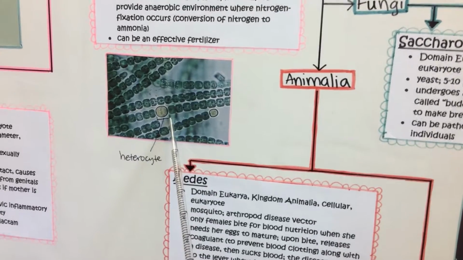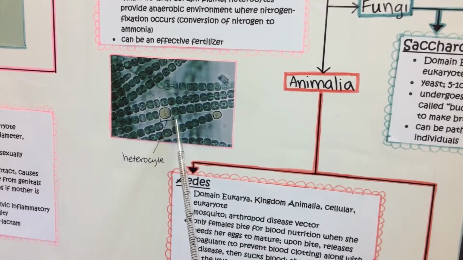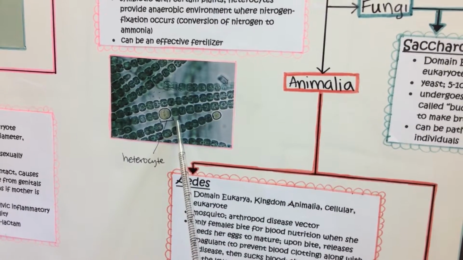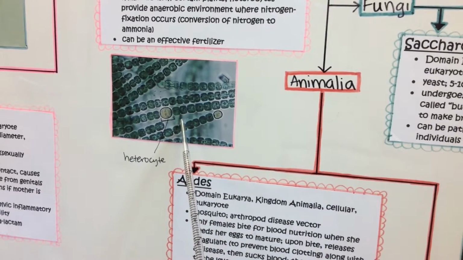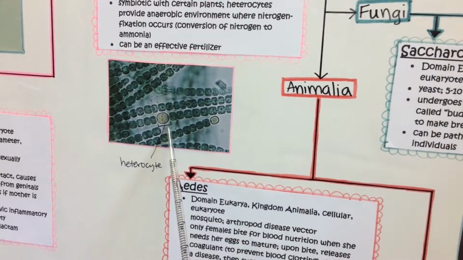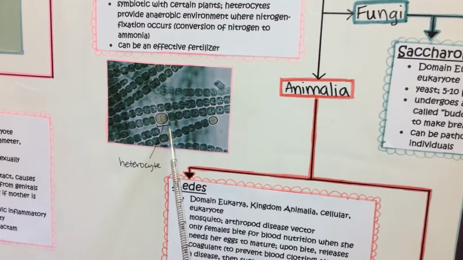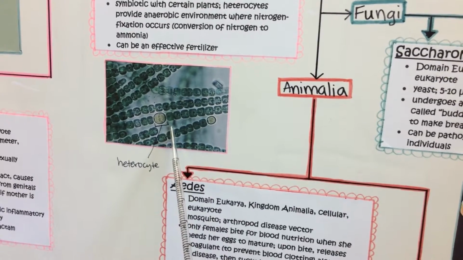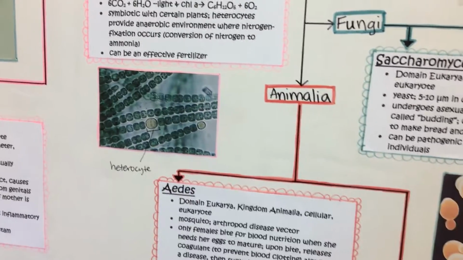The molecular nitrogen has to be reduced to ammonia before organisms can use it as a source of building those nitrogen-containing organic molecules. So we owe a great debt of gratitude to cyanobacteria for helping to fix that nitrogen in a form that we can use.